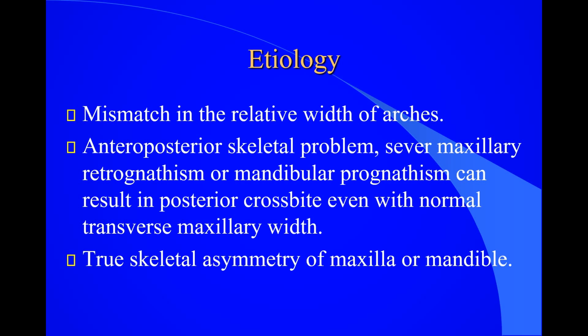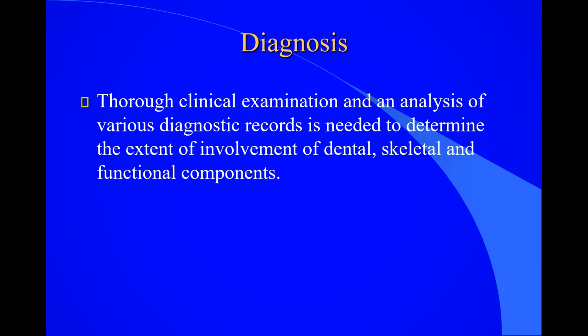A mismatch in the relative width of arches, or an anterior-posterior skeletal problem, severe maxillary retrognathism or mandibular prognathism, also can result in posterior crossbite even with normal transverse maxillary width, and true skeletal asymmetry of the maxilla or mandible.